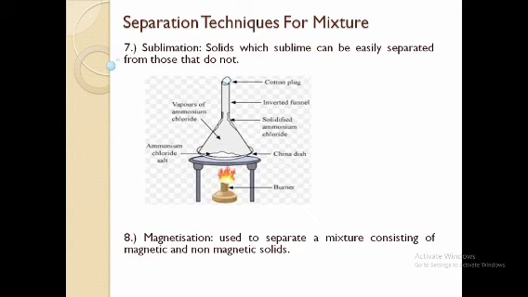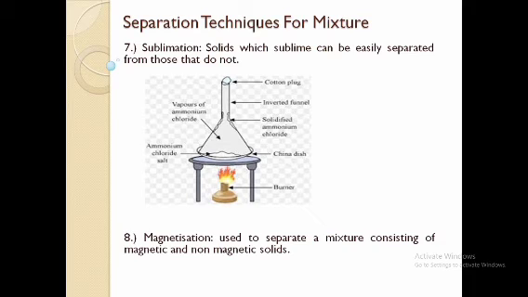Solids which can sublime can easily be purified or separated from solids which do not sublime. For example, if a sample with some impurities is able to sublime, then the impurities which do not sublime are left behind in the heated container.